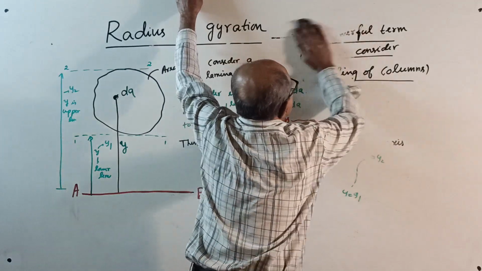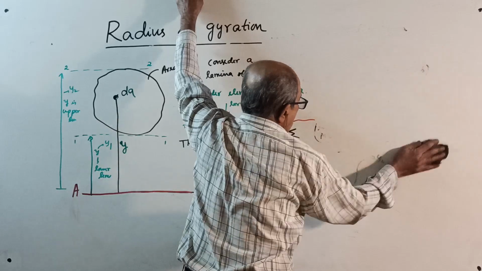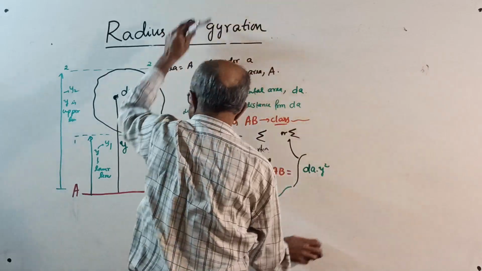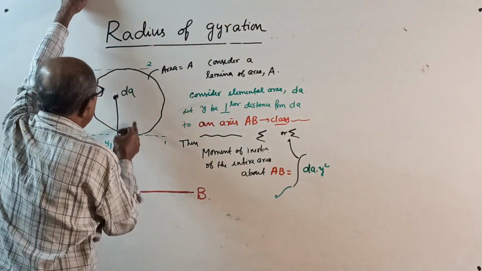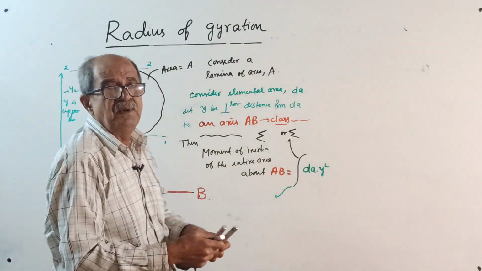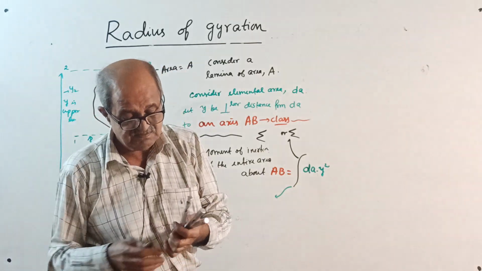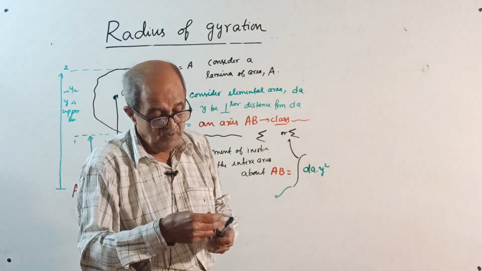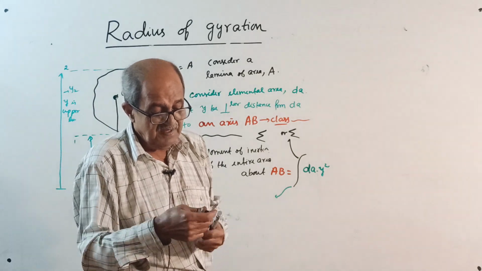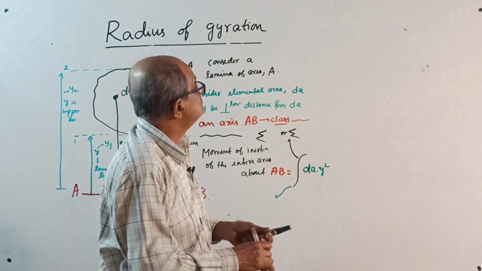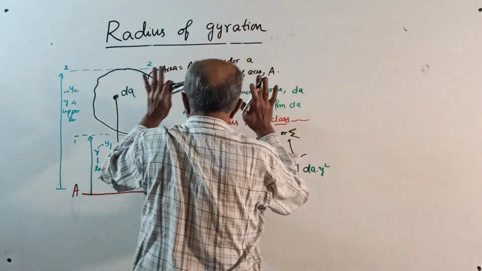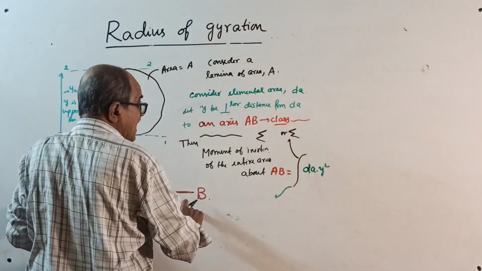Now I will remove this. I told integration from here to here. Now some important concept, regarding radius of gyration. Our discussion is only for AB axis now.